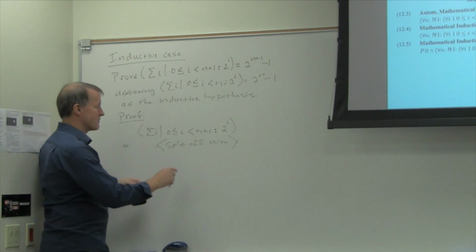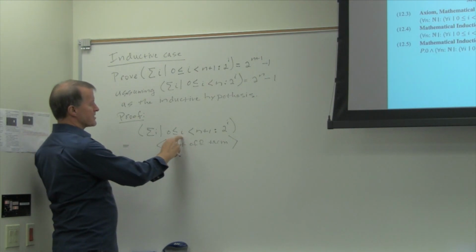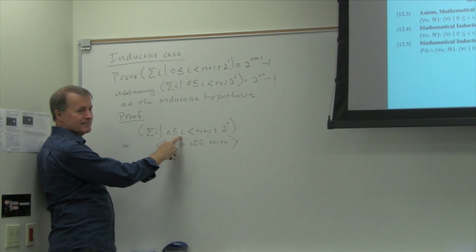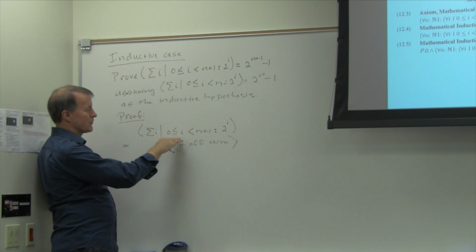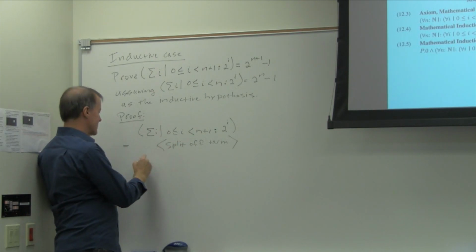Okay, so this is by split off. Who can split off this term? What are the possible values of i here? 0, 1, 2, 3, up to, and what's the last one? Is it n or is it n plus 1? It is n. So how do we split off?